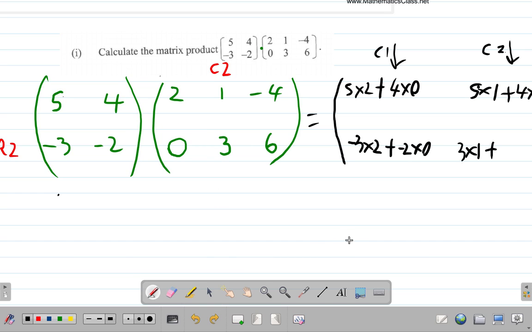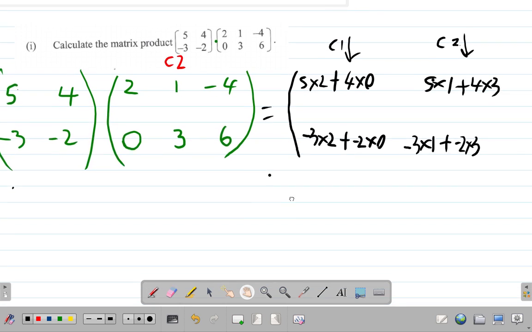That will be negative 2. Oh, I said 3. It's negative 3. Now here is negative 2 by 3. So you'll see negative 3 times 1 plus negative 2 times 3. You see that?